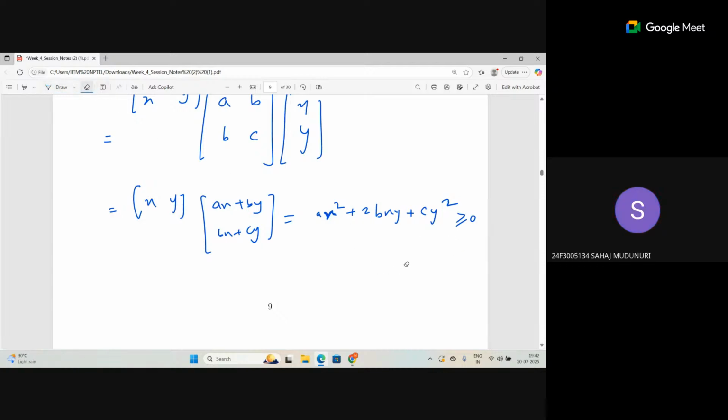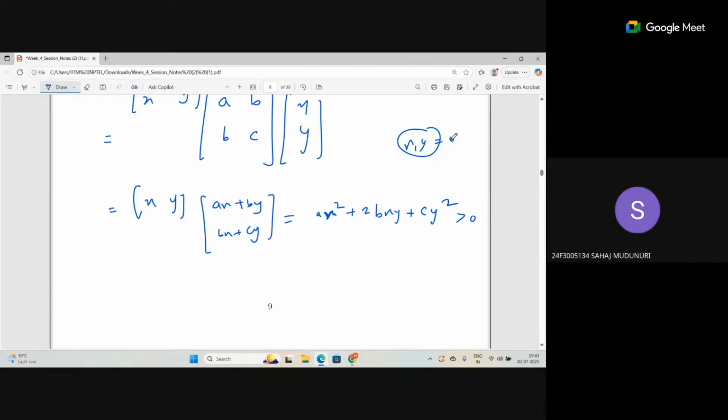Sir, my small clarification was that if x comma y is equal to 0 comma 0, then the function value should be equal to 0. That is anyway going to be zero, right? You just plug in x and y equal to zero, and whatever polynomial you have gives zero.